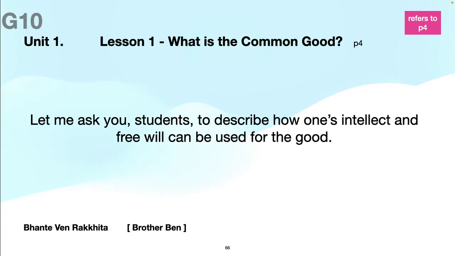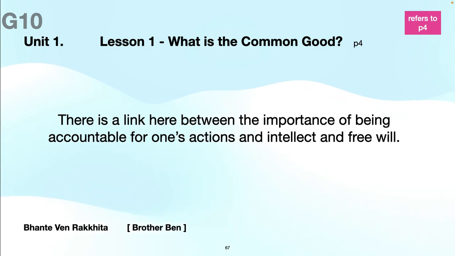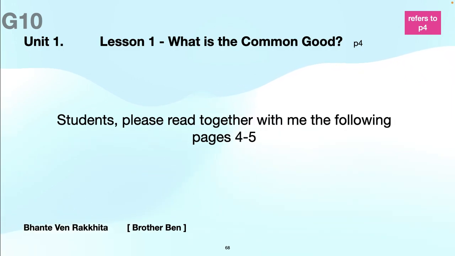Let me ask you students to describe how one's intellect and free will can be used for the good. That can be answer one. There is a link here between the importance of being accountable for one's actions and intellect and free will.